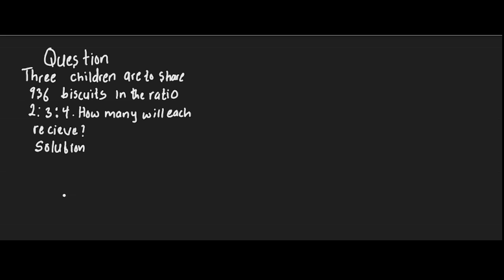3 children are to share in the ratio. The ratio of sharing is 2:3:4. Here, this goes for the first child, and this goes for the second child, and this goes for the third child.